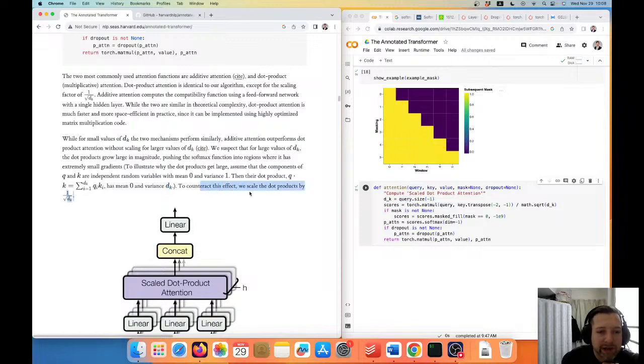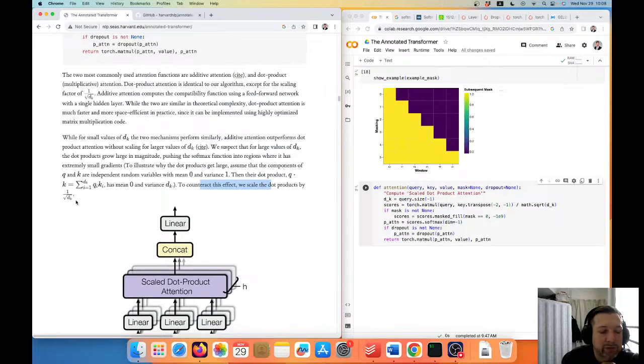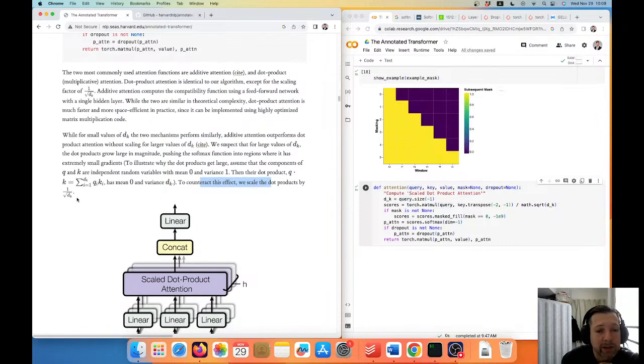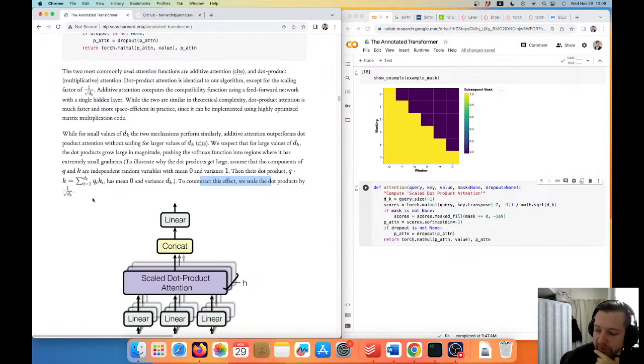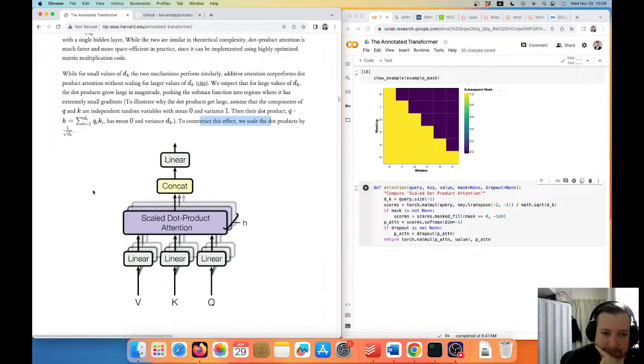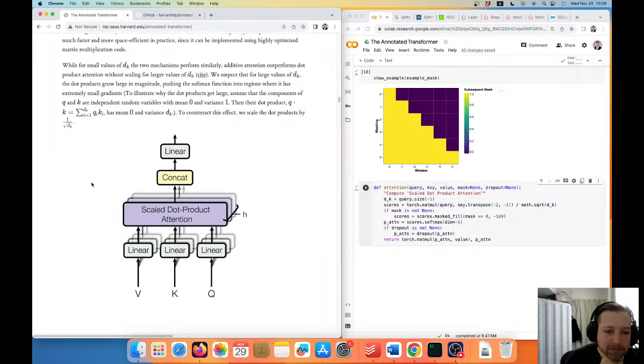To counteract this effect, we scale the dot product by 1 over square root of d sub k, and then you get back to a regime between 0 and 1, maybe minus 1 to 1. And that is basically the regime where the softmax function has useful gradient.